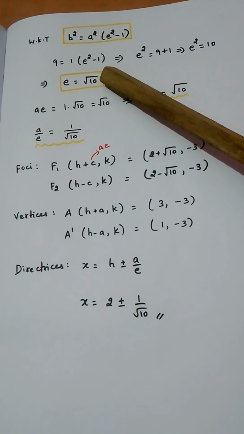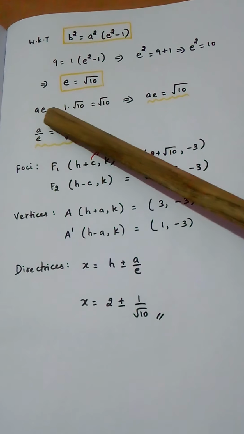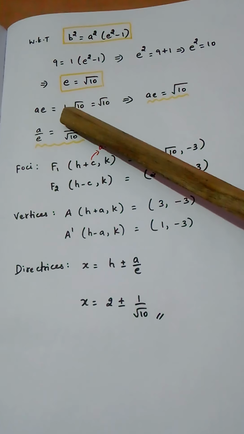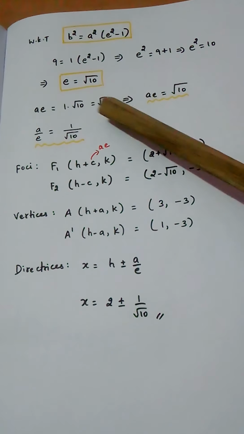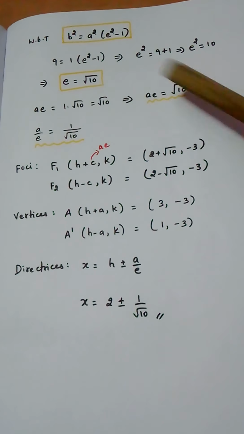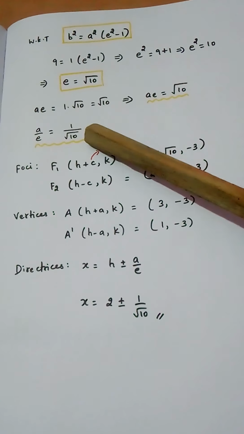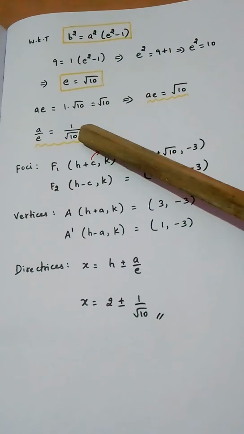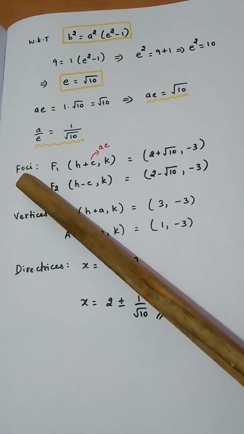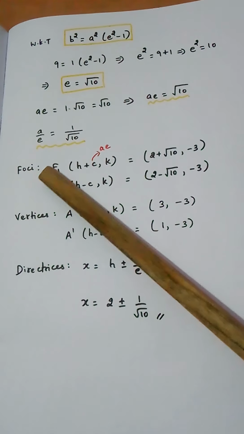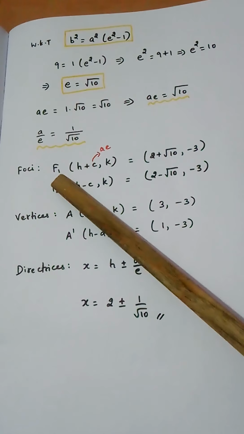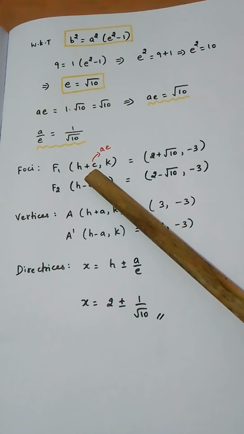After getting the eccentricity value, we will immediately find two things, AE and A by E. AE means A is 1, E value is root 10. So AE value is root 10. A by E, A is 1, E is root 10, so 1 by root 10. Immediately we will go for foci. Foci means plural form, focus 1, focus 2. Focus 1, which type is it? Standard type.